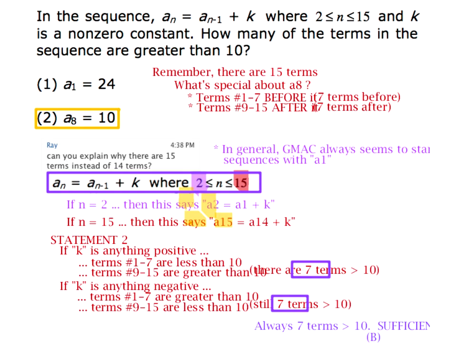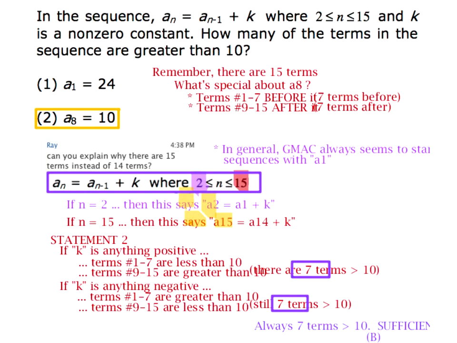Okay, let's look at some consequences of this. So remember what the theme of the lesson here is. We're talking about the C trap in data sufficiency. So let's remember what that means now. Was anybody here in the last session where we talked about this for the first time?